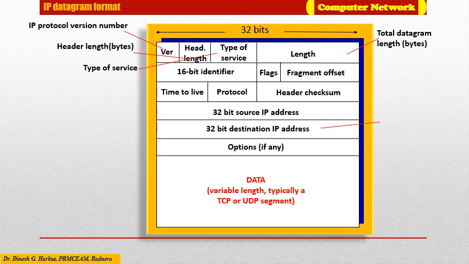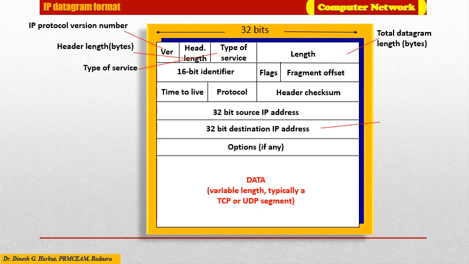The next important part is the length, that is the datagram length. This gives the total length of the IP datagram, that is header plus the actual data, and it is measured in bytes.